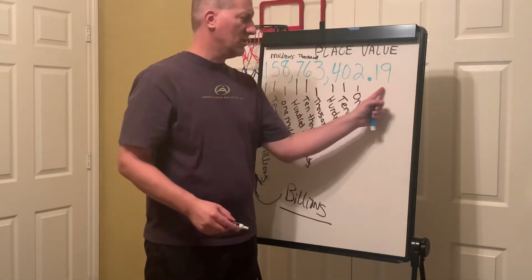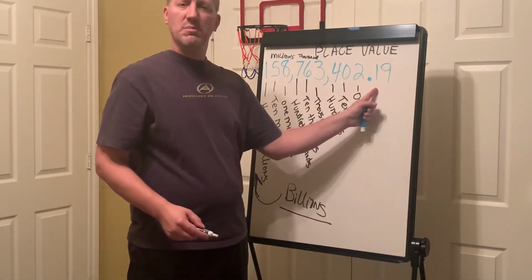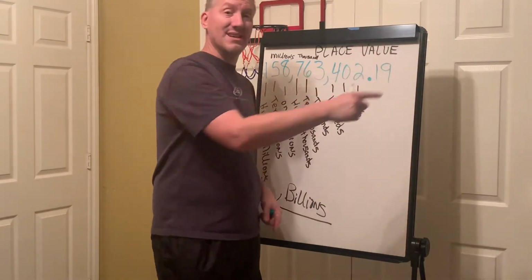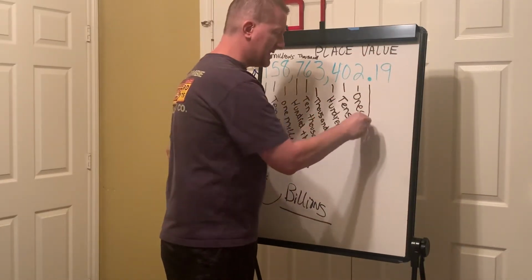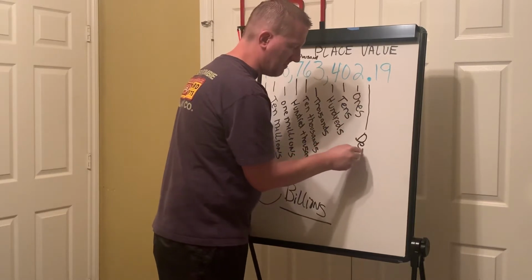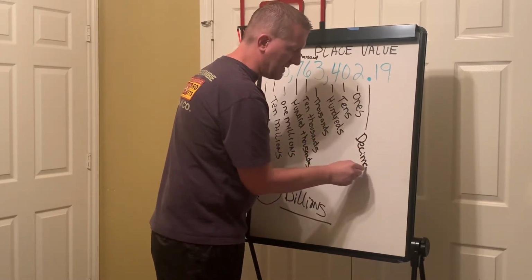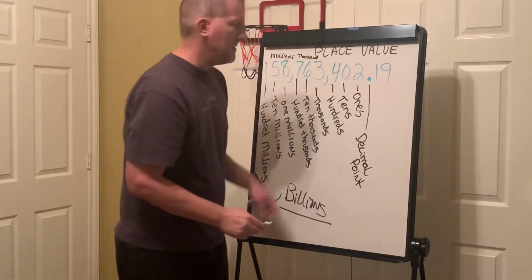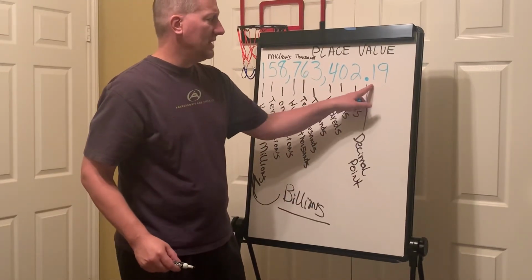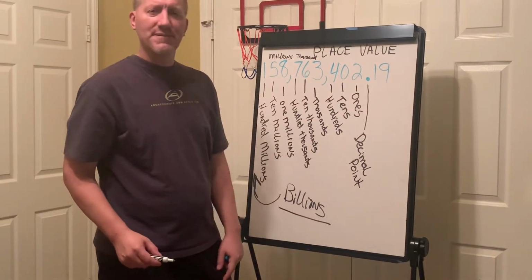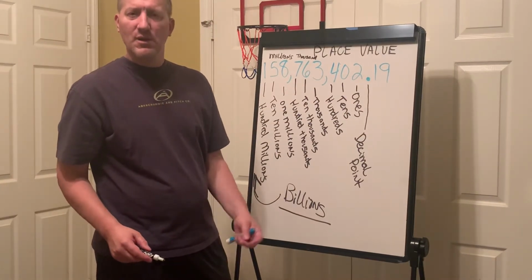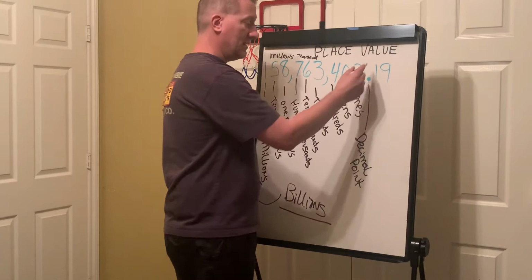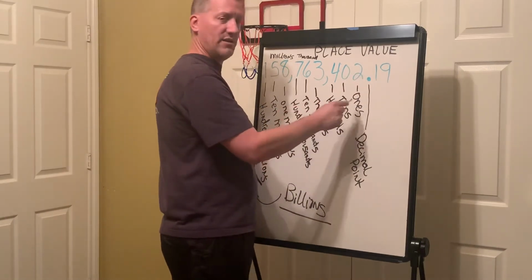Now, we also learned a few place values to the right of the decimal. Now, this is the decimal point, right? We learned about that, decimal point. Okay, so what are these digits after the decimal point? Well, we learned the first one looks like a word over here, doesn't it?